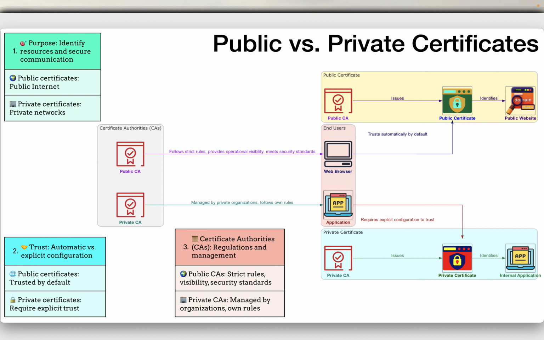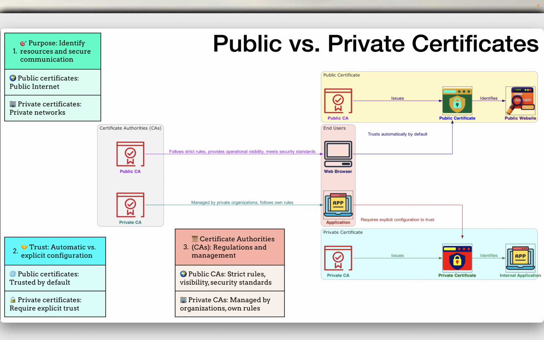Then third point is about certificate authorities, CAs, and this is about regulations and management. Public certificate authorities, which issue public certificates, must follow strict rules, provide operational visibility, and meet security standards set by browser and operating system vendors that decide which CAs are automatically trusted.